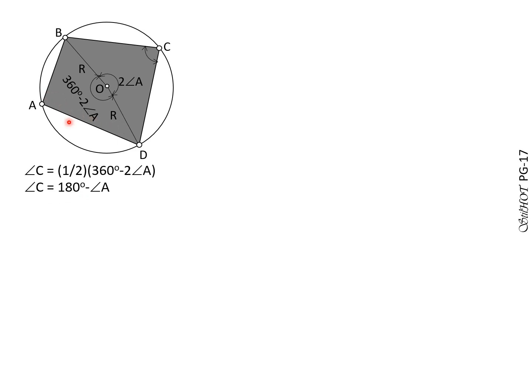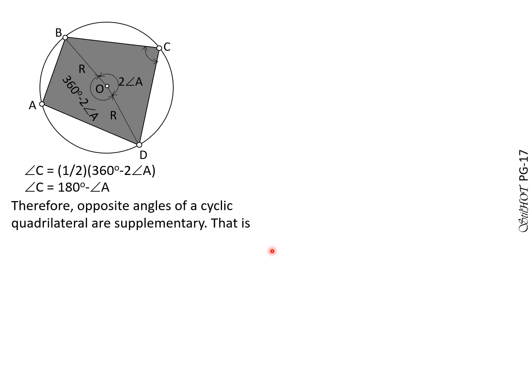or if this is angle A and angle C, opposite angles, the sum of opposite angles is equal to 180 degrees, or opposite angles are supplementary. So that is angle A plus angle C equals 180 degrees, and angle B plus angle D equals 180 degrees.